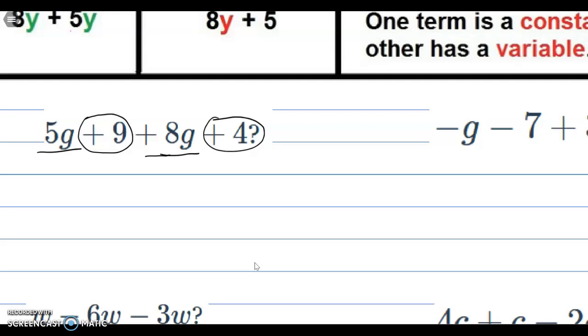So I'm going to take 5G and add it with 8G, and when I do that, I get 13G. I'm also going to take this positive 9 and add it with this positive 4 and get a positive 13.